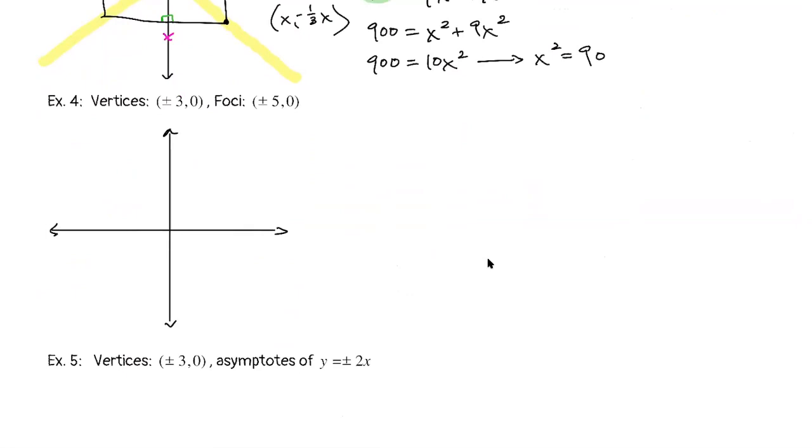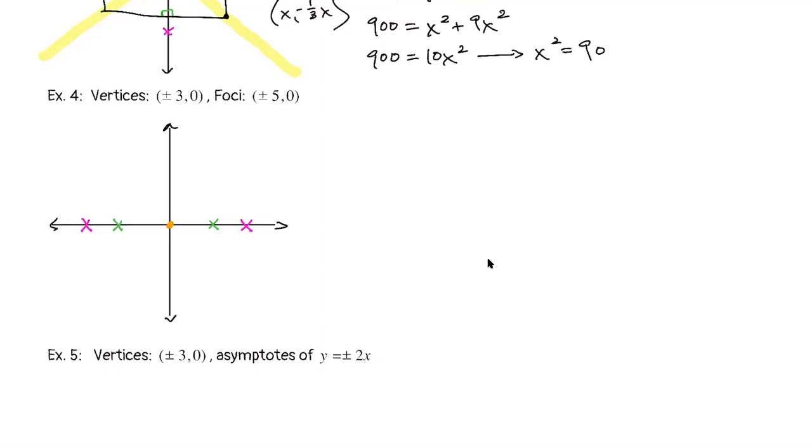Now this time my vertices are along the x-axis, so I know there's one at about +3, 0, and -3, 0. And then I know my foci are at +5, 0, and -5, 0. And because the problem told me initially, my center is at the origin.